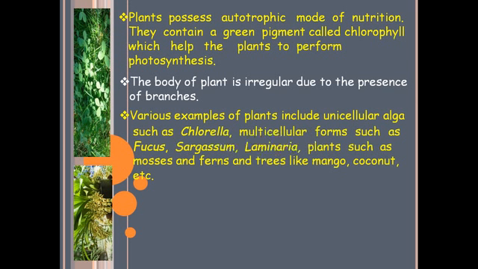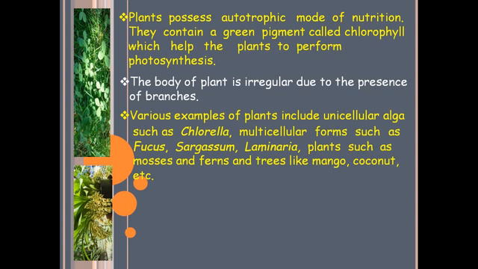Various examples of plants include, it could be unicellular also, just like alga, singular of algae, such as chlorella. It could be multicellular, such as fucus, sargassum, laminaria. Plants such as mosses and ferns, these are small plants. Ferns you can see around you everywhere in Sikkim.